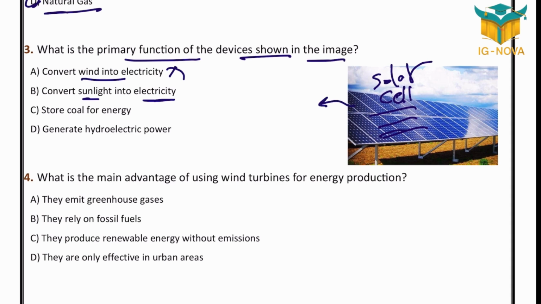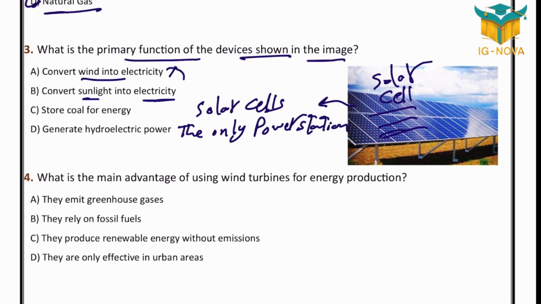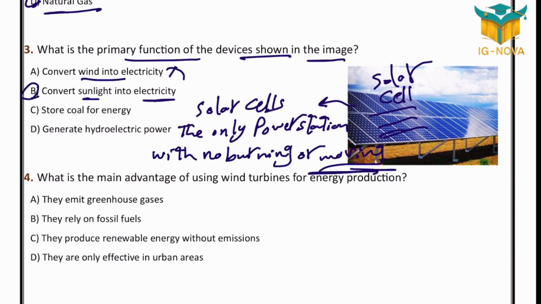And we have a note here that says solar cells, the only power station with no burning or moving parts. No moving parts here for a solar cell. So the correct option is B.